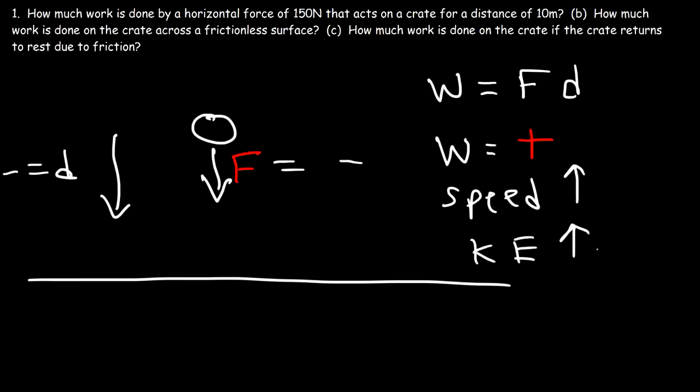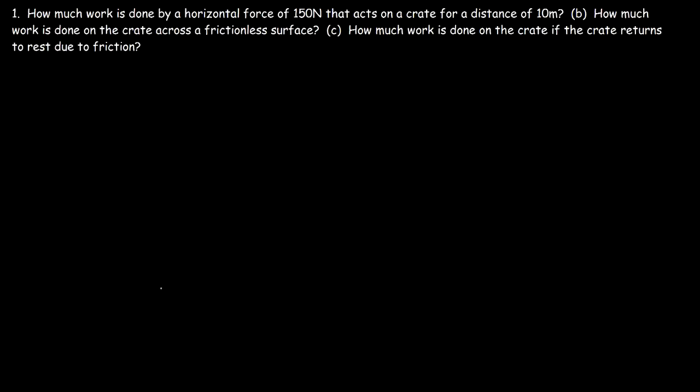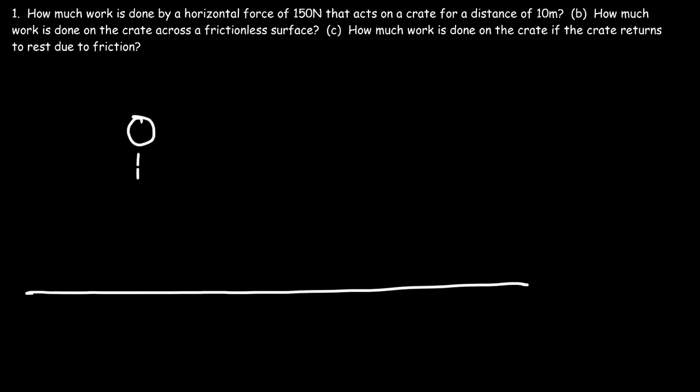So we can say the work done on the ball is positive because it increases the kinetic energy of the ball. So an object falling towards Earth has positive work done by the gravitational force, because the object is speeding up towards the Earth.